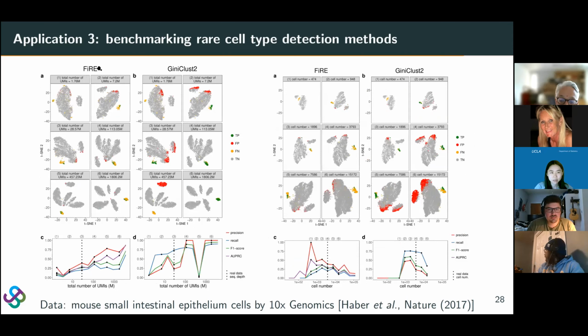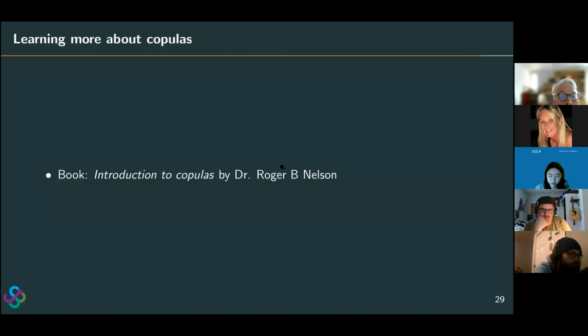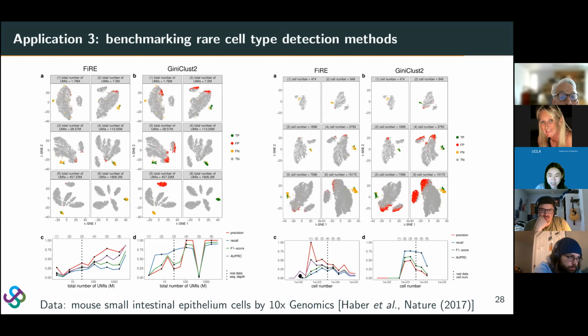Okay, and also we can apply this for the task of detecting rare cell types. So here we consider two methods that can identify a rare cell type from single-cell RNA-seq data, FIRE and GiniClust2. And just to briefly summarize, our results show that, again, for their best performances, GiniClust2 is better. However, FIRE is more robust as it can work for a wider range of cell numbers and a wider range of UMIs.